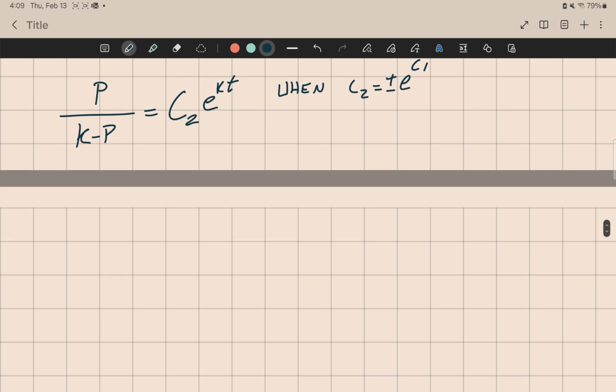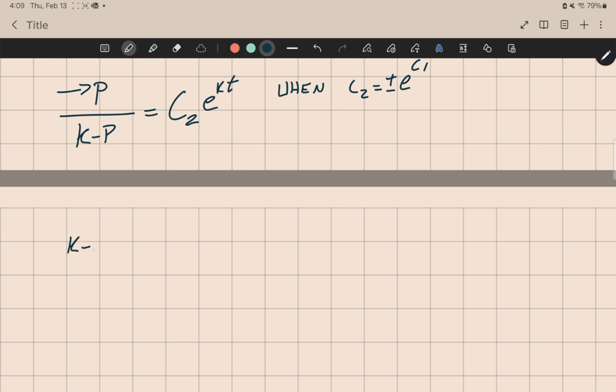So our next step is, what I want to do is flip both sides. So I get that p that's on top over here, I get this p in the denominator. It's going to make things look a little bit more simpler. So I'm going to flip both sides.